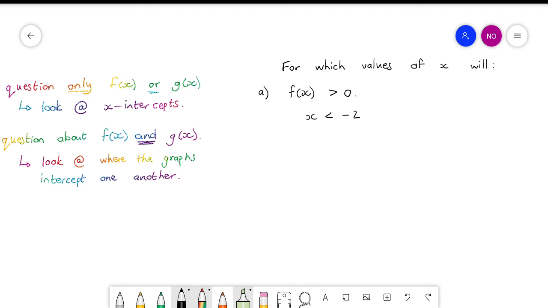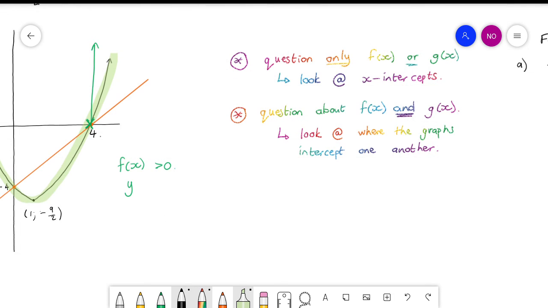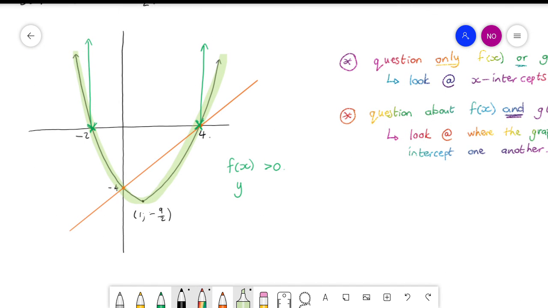Because you go from -2, all of the values smaller than that. -3 is smaller than that, -4 is smaller than that, all of it. Die tweede gedeelte van my antwoord gaan wees x-waardes groter as 4. Because if you look at this, let's go to 5. Do you agree that if I draw from 5, it's still going to be above? But if I look at x value 3, do you agree the corresponding y value is smaller than 0?